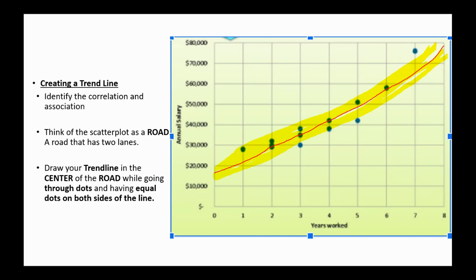I went through some points. I have some points above it and beneath it, but I also went through points. It's probably not the straightest because I'm not using a straight edge. And unfortunately, with technology nowadays, we don't have a straight edge to do that. But what we do see is that this now can do some great predicting for us. So let's move to the next step. You try.